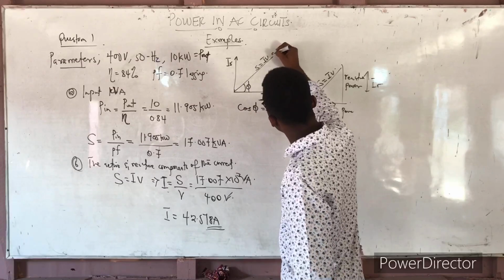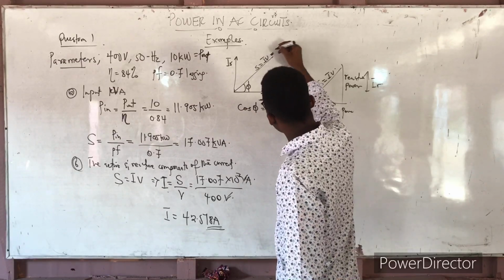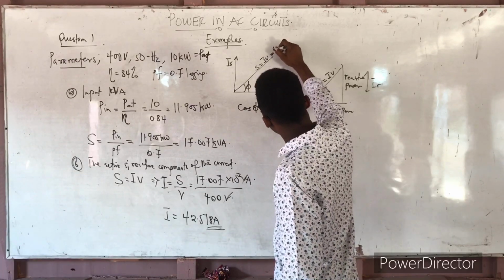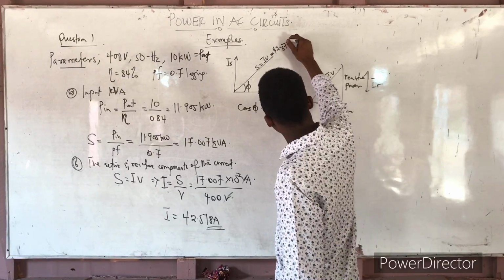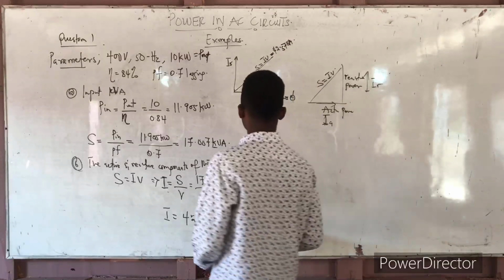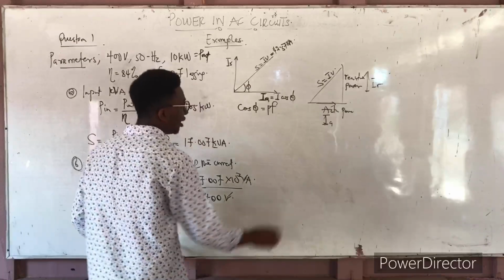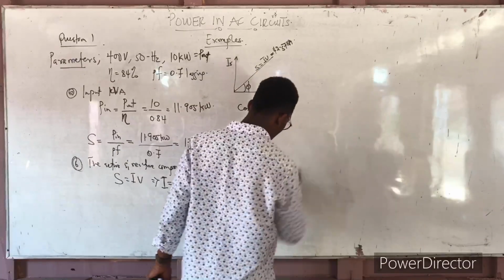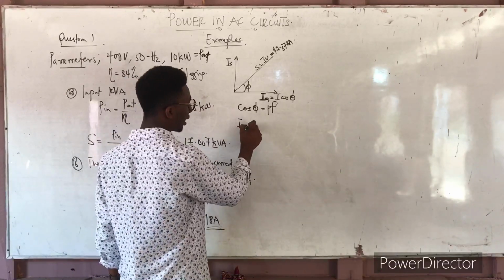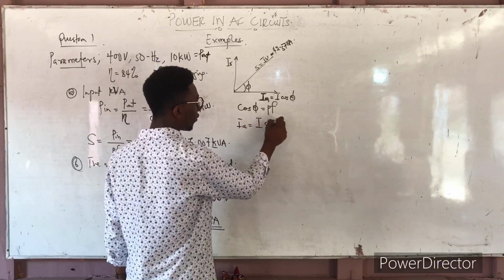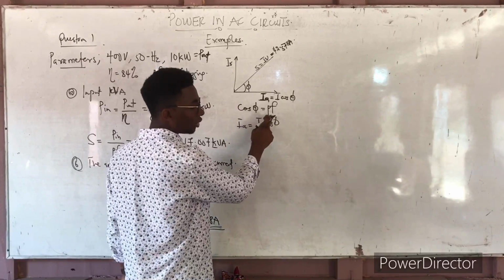So the current producing the apparent power is 42.518 ampere. Now we can find the active component of the current, IA, which is I cos phi. But cos phi is always the power factor.